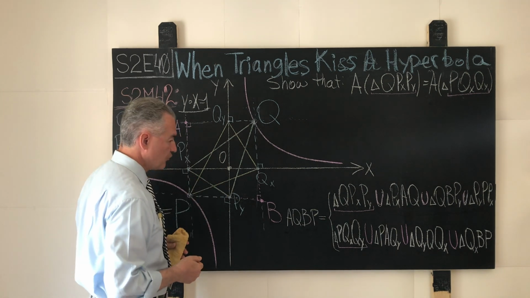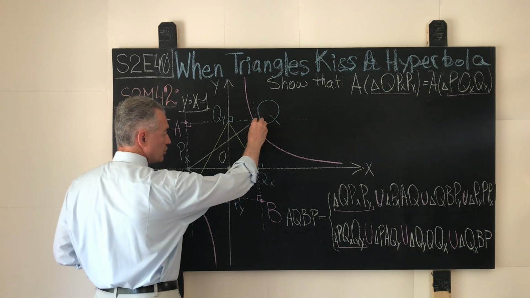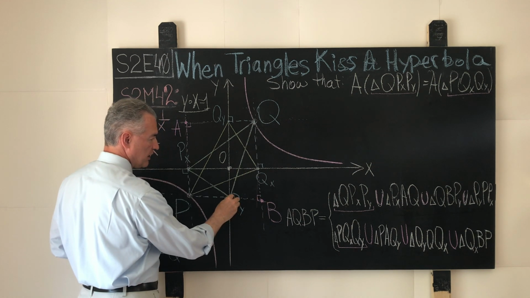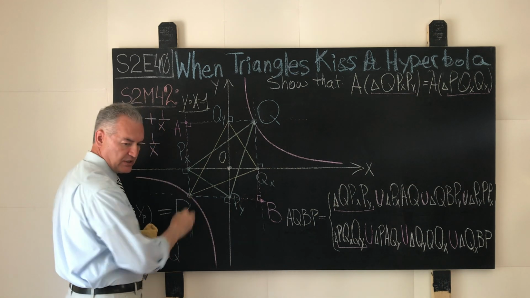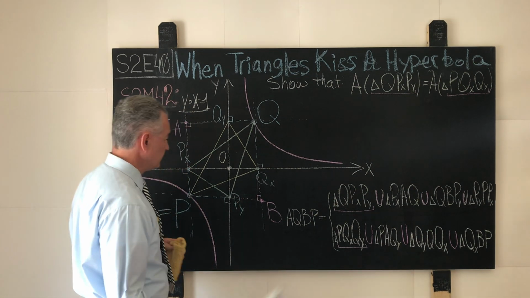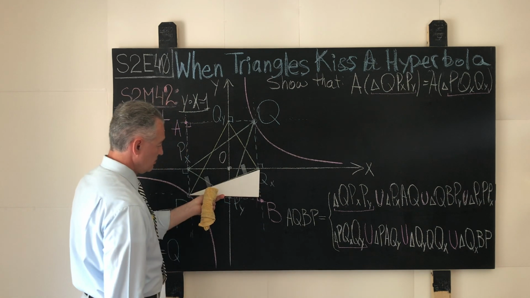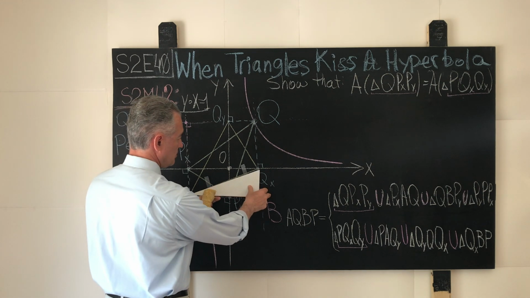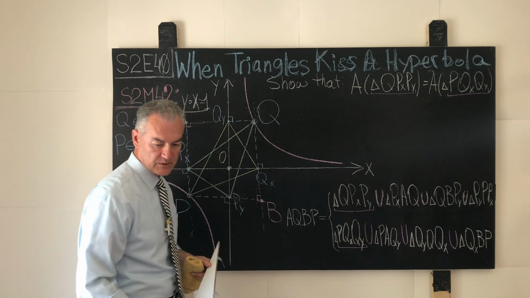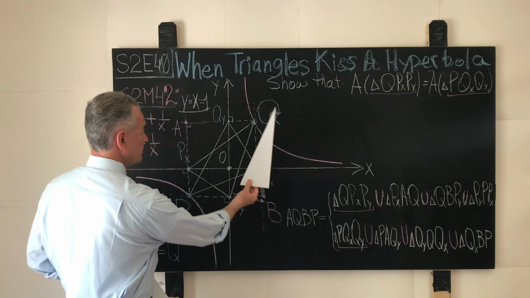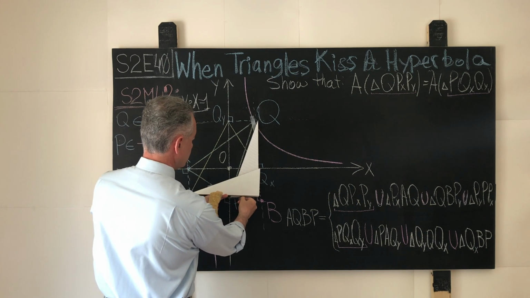That is, in the first case, let us concentrate on the triangles QBPY and QXBP. We'll concentrate on this complementary right triangle here, and another one, this guy right here. See, these two right triangles.